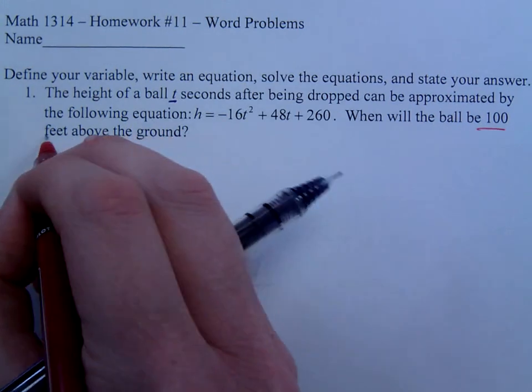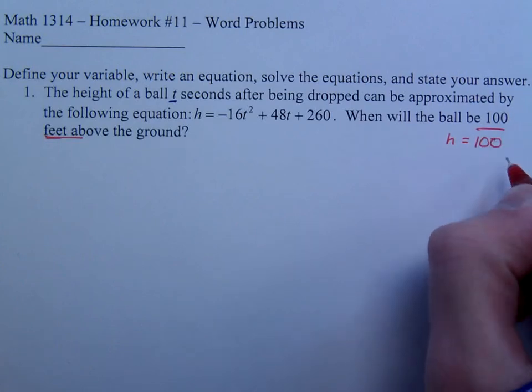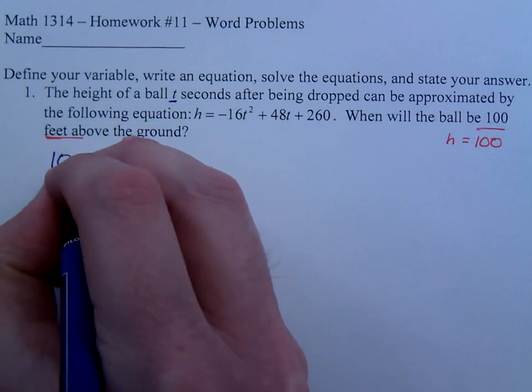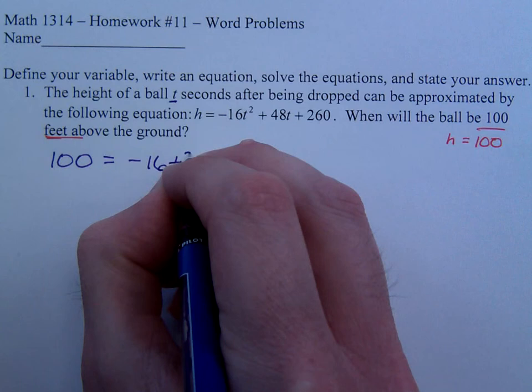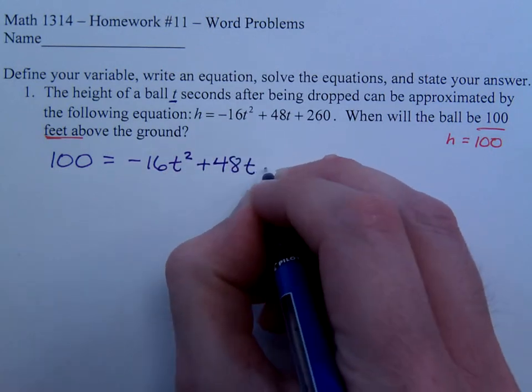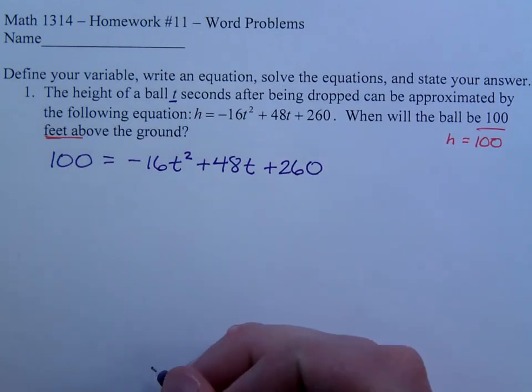Now this right here means that they want h to equal 100. They want the height to be 100, so it means that we have the equation 100 equals negative 16t squared plus 48t plus 260. Now, you kind of know how I feel about these things.